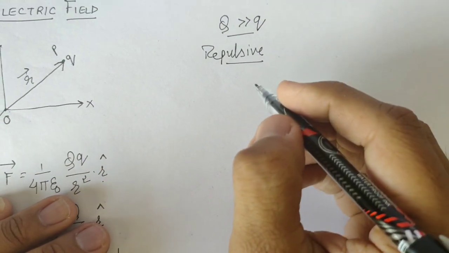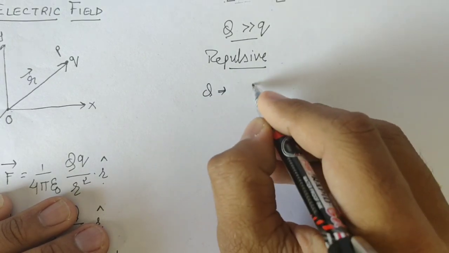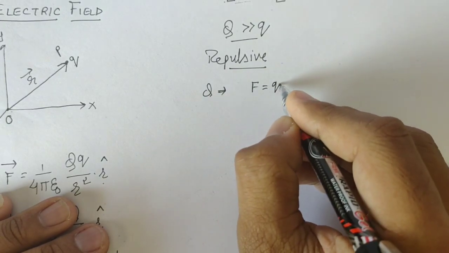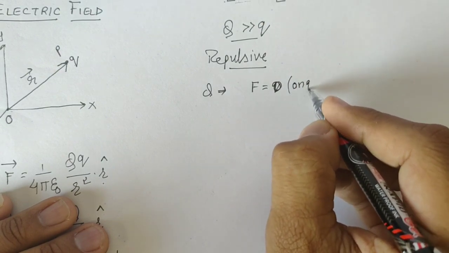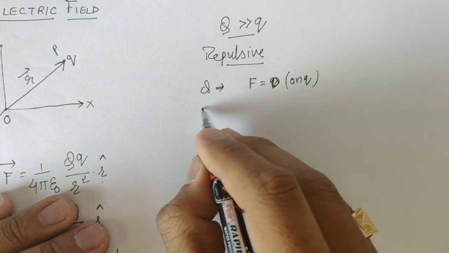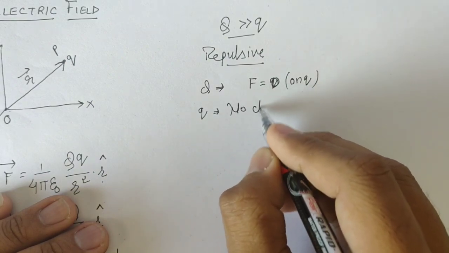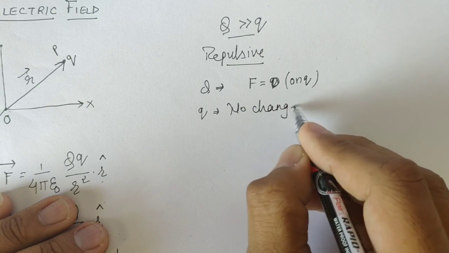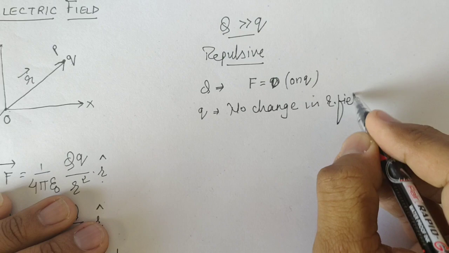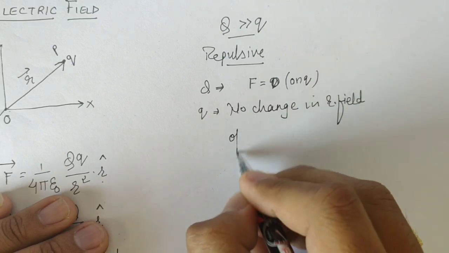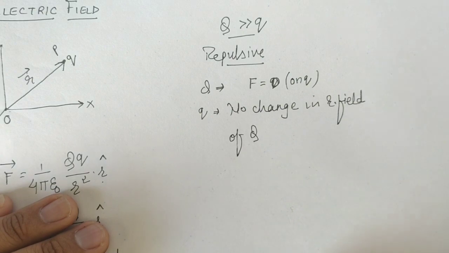If we remove capital Q, the force on small q will be 0. But if we remove small q, there is no change in the electric field of the large charge capital Q.